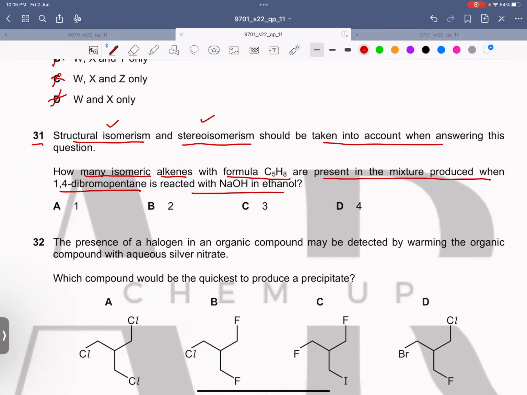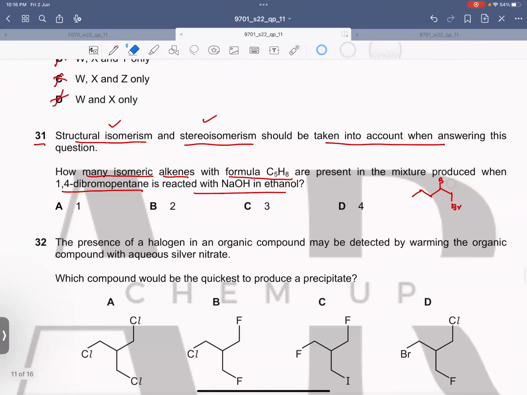These are the 5 carbons, and this is position 1 and 2. First and fourth bromine. So let's see how many possibilities there are.